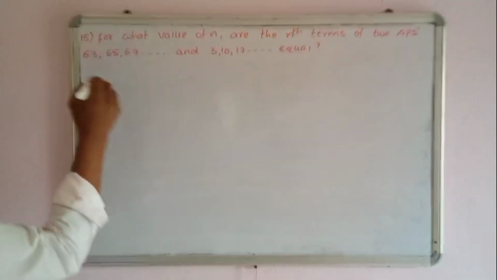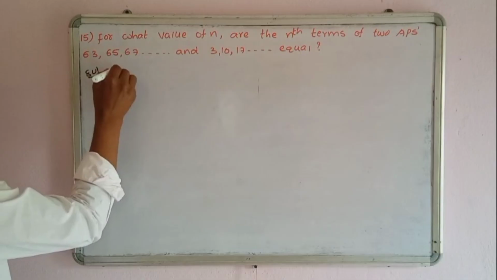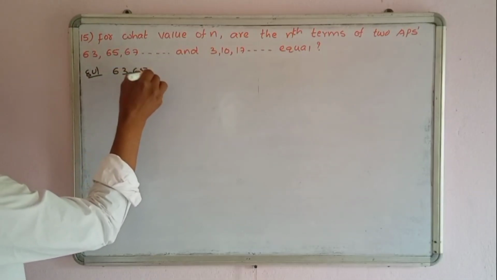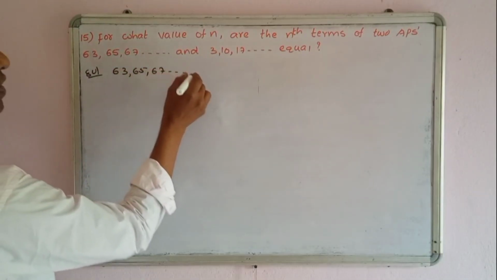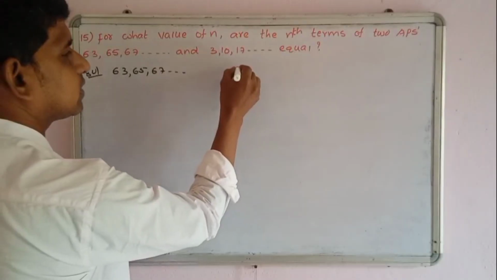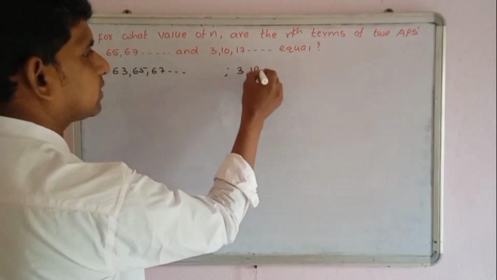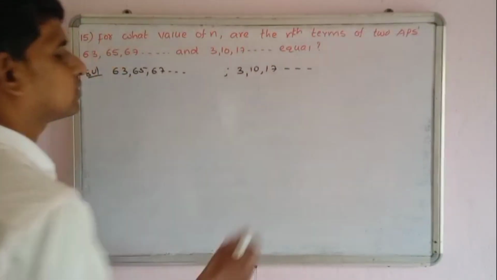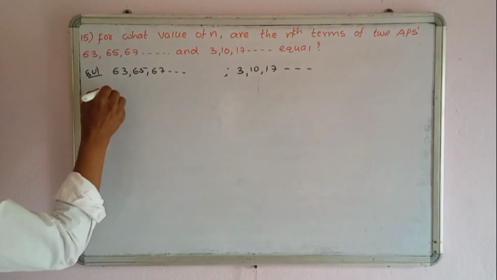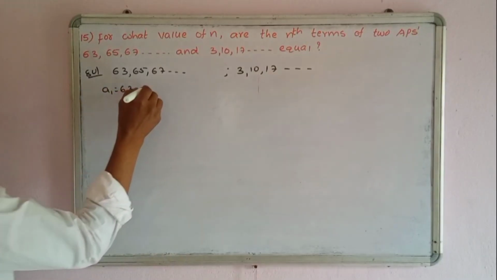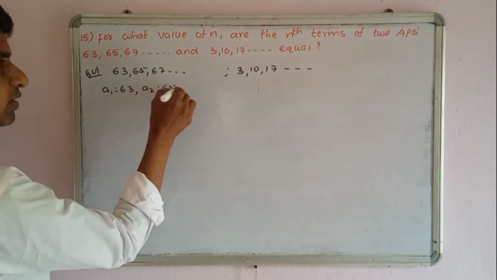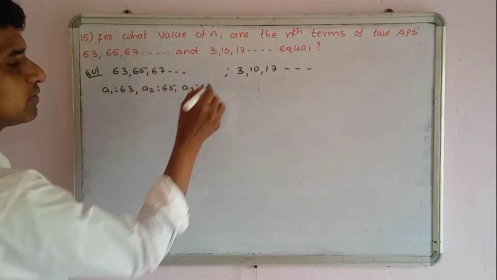So what first, write the series. 63, 65, 67 and so on. Second one 3, 10, 17 and so on. First one is a1 equal to 63, a2 equals 65, a3 equals 67.